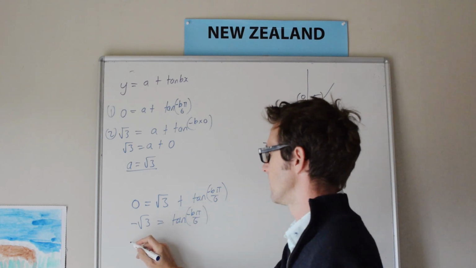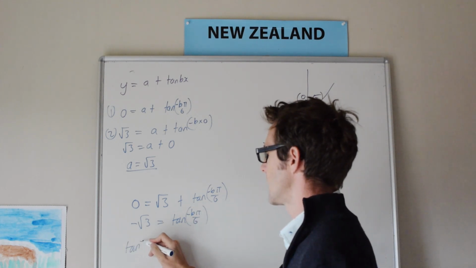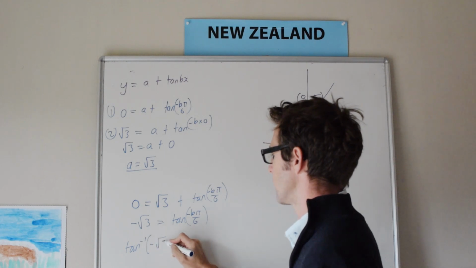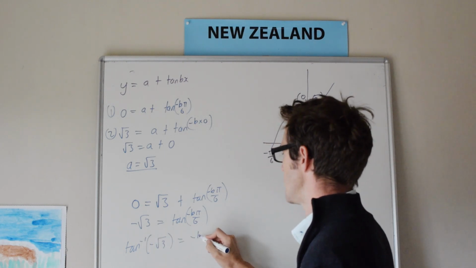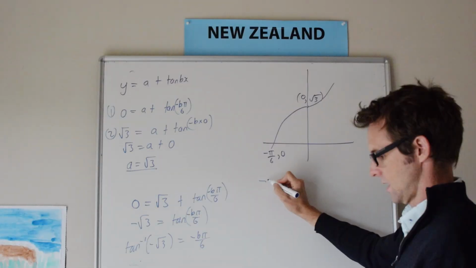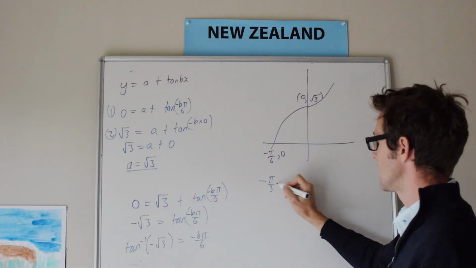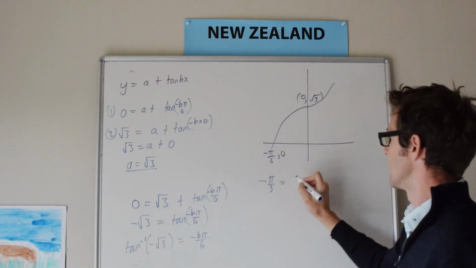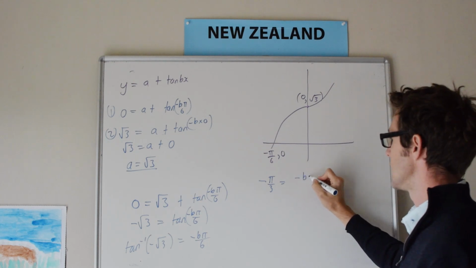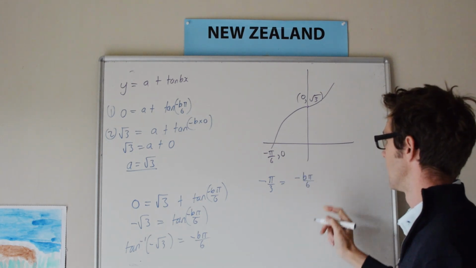And then I'm going to take the inverse, so the inverse tan of negative square root 3 is equal to minus B pi over 6. Negative pi over 3, that's this value here, is equal to negative B pi over 6.